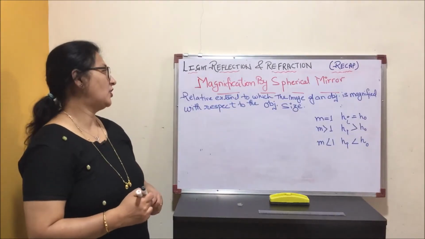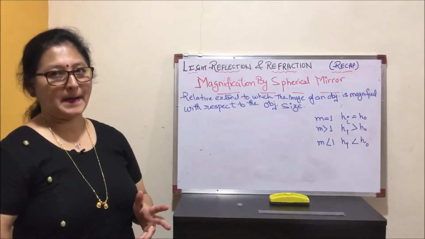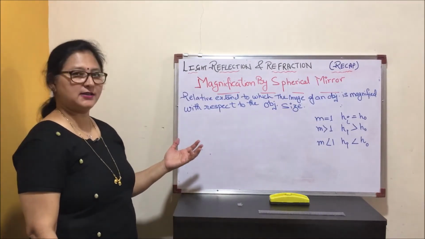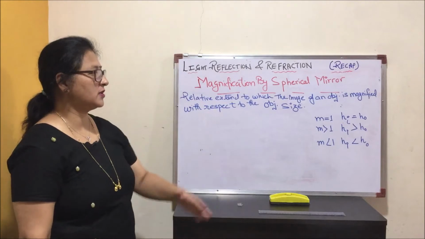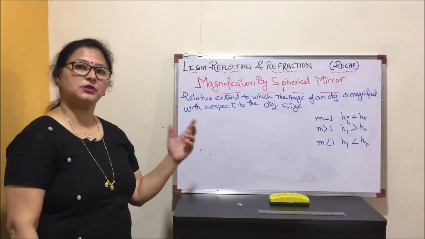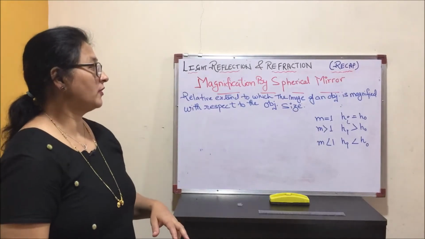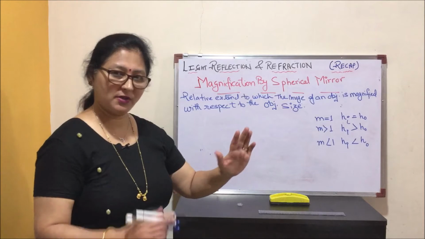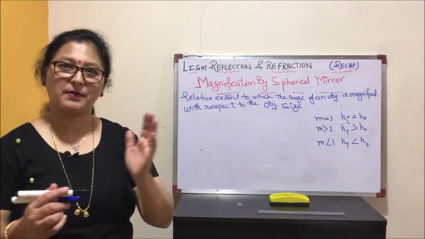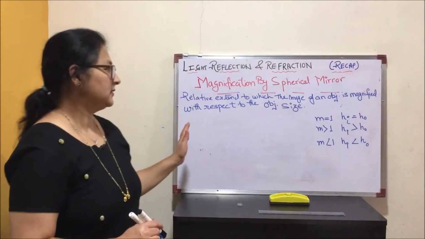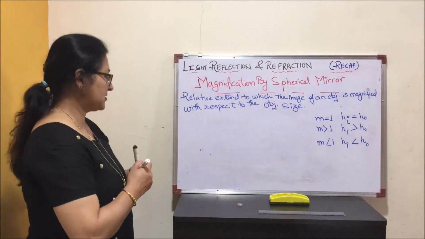So students, now let's do magnification of a spherical mirror. What do you understand by the magnification of a spherical mirror? It is the relative extent to which the image of an object is magnified with respect to the object size, right? How much the image has magnified with respect to the object size, in very simple terms.